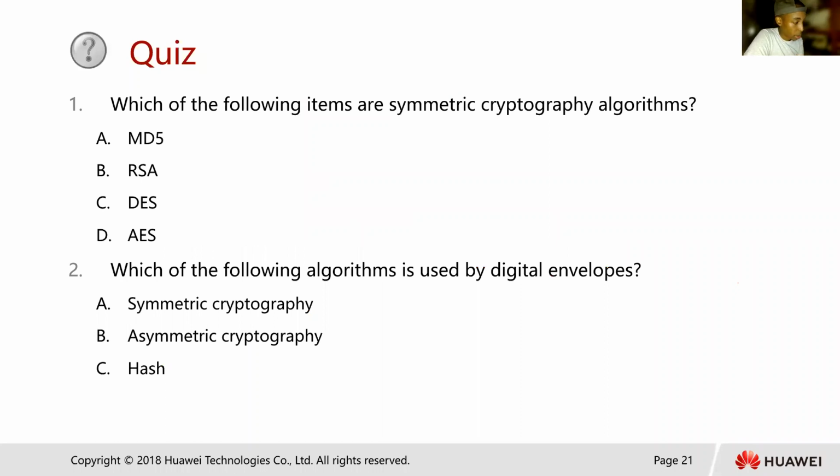So let's go to the quiz. Which of the following items are symmetric cryptography algorithms? So you already know MD5 is not, because MD5 is what?